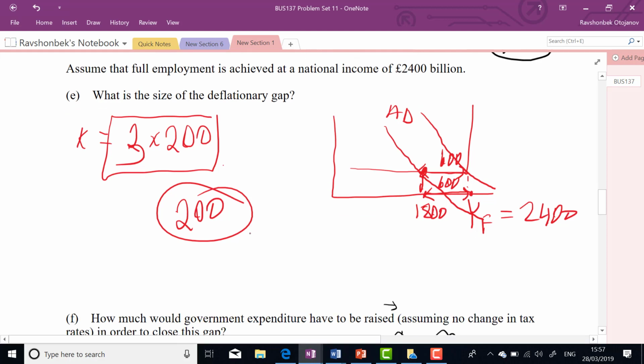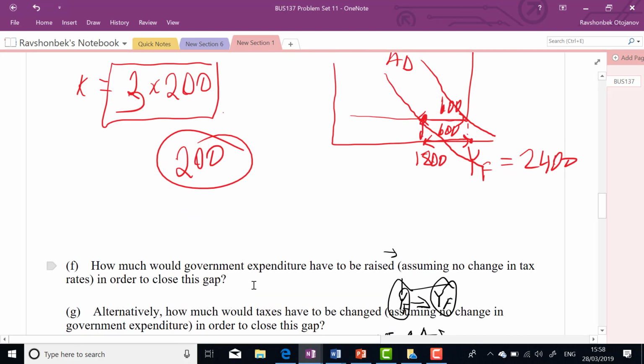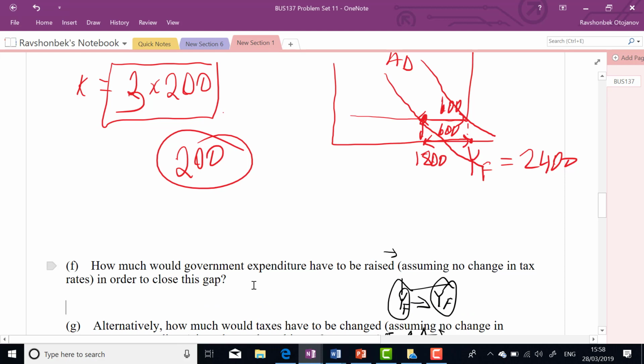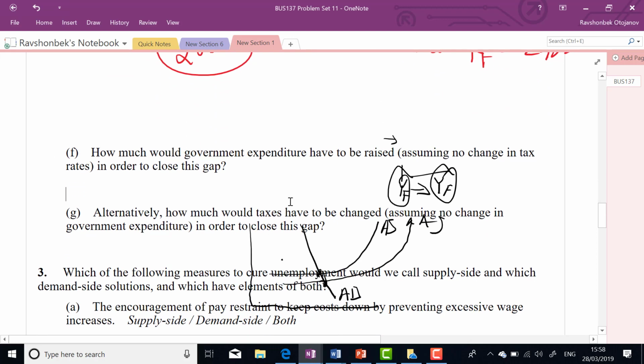And the next question is 200 as well. This should have been rephrased properly. So next question, the answer is 200 here. If you read it, you will understand what it is.